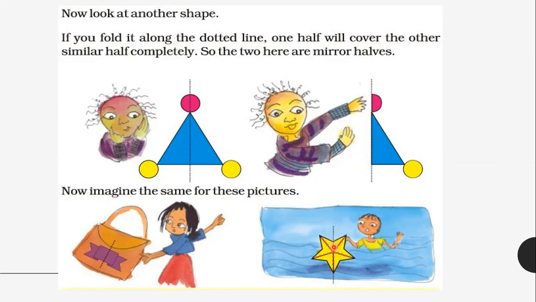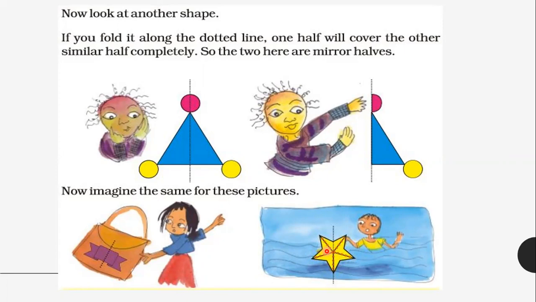And through this line, we can divide it into two equal halves, or when we fold both these parts, they will be covering exactly each other. Or if we keep a mirror here, the mirror image also will show the same reflection of the other part. That means these three figures, this triangle, this pattern and this star, are symmetrical figures, right?